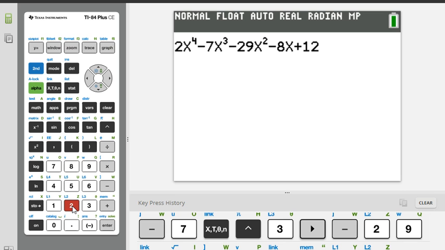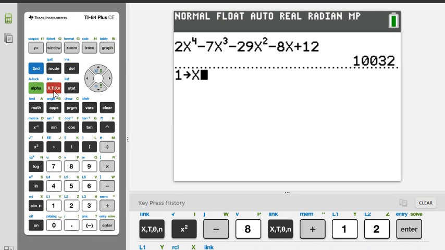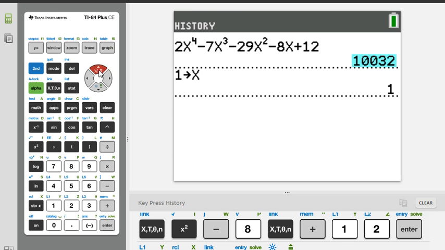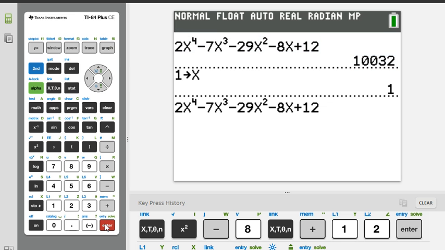Again, I'm going to test this using technology. I don't care what that number is because it's not right. Store 1 into x, and then go grab your function. 1 is not a 0, so x minus 1 is not a factor.